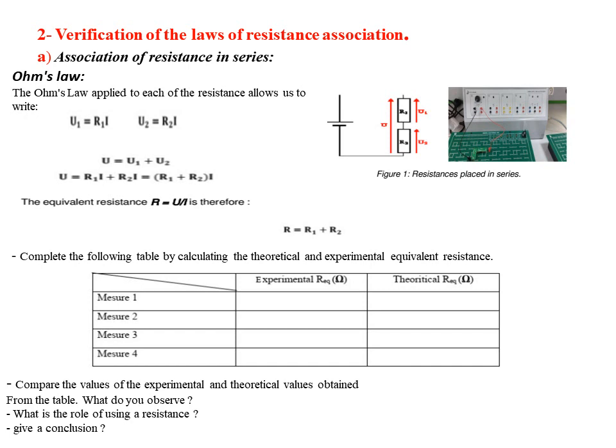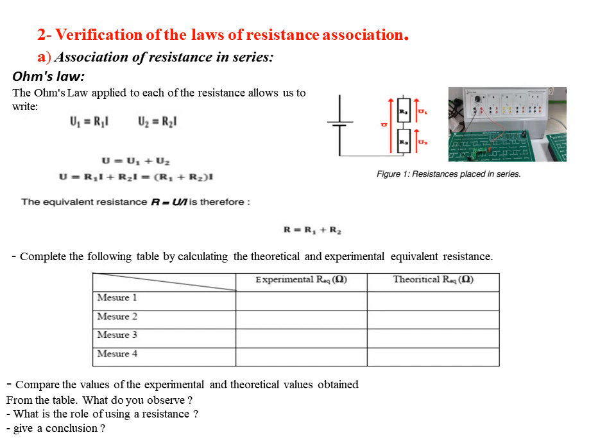Set up the following circuit. Place two resistors in series on the test board. Connect them and the multimeter with conductive wires.